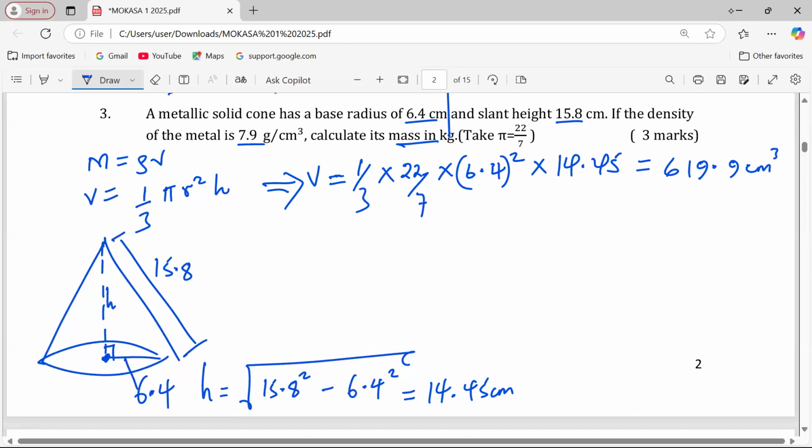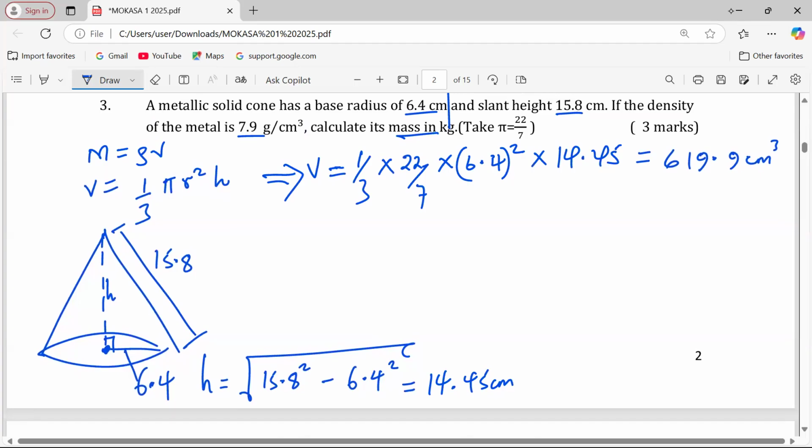cubic centimeters. Now with volume, we need to get to mass, whereby mass will be density times volume. Let me work that out: 7.9 multiplied by 619.9, giving us 4897.21.